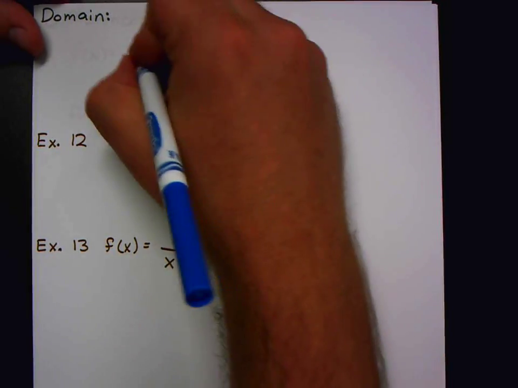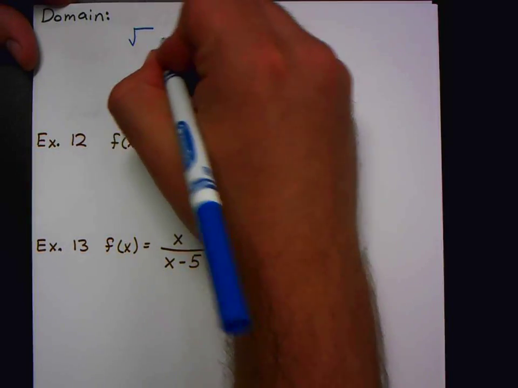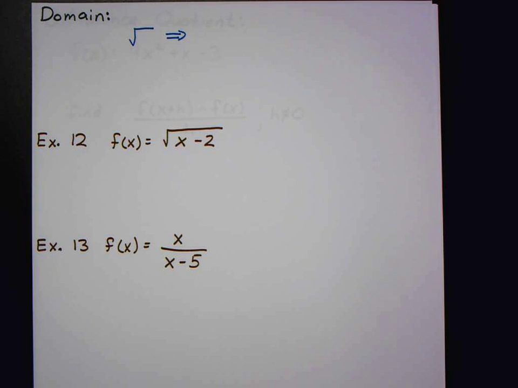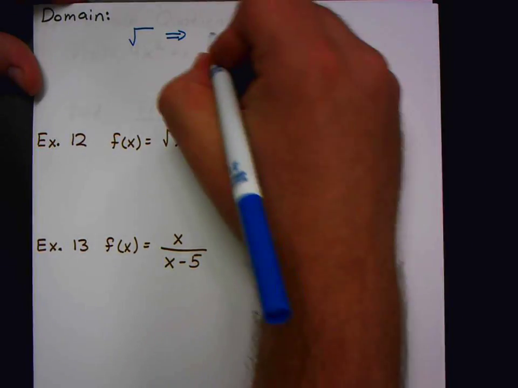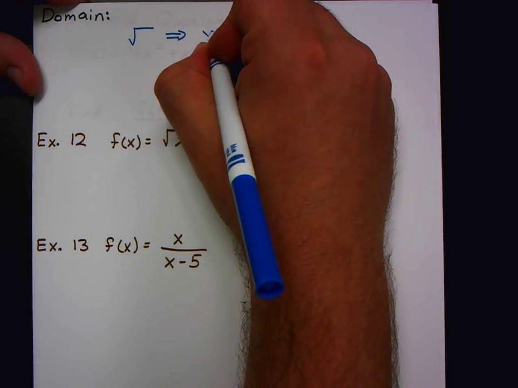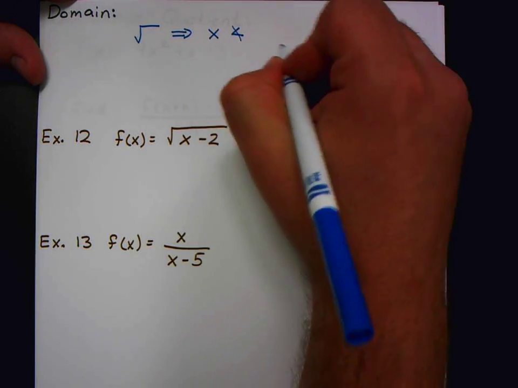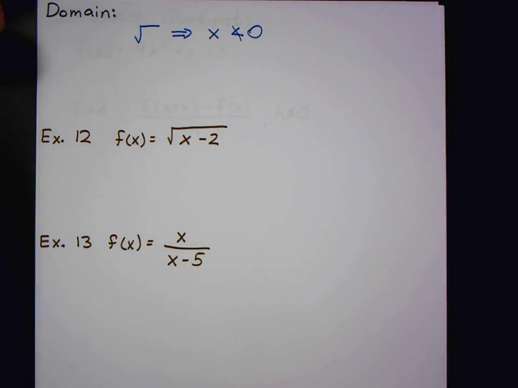So, square root functions. When does a square root function not exist? Negative numbers. So, x cannot be less than 0, right?